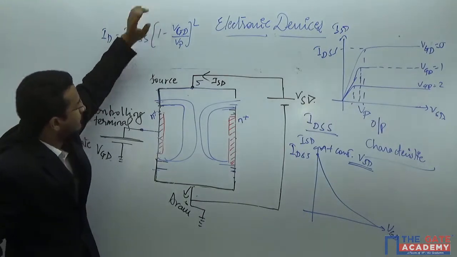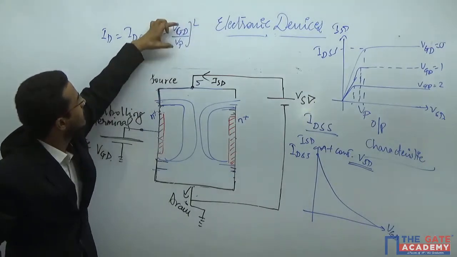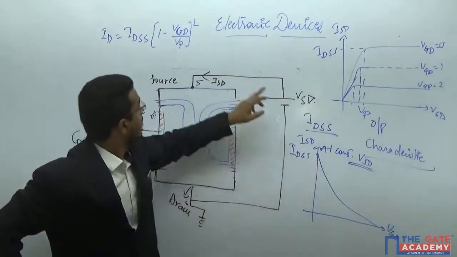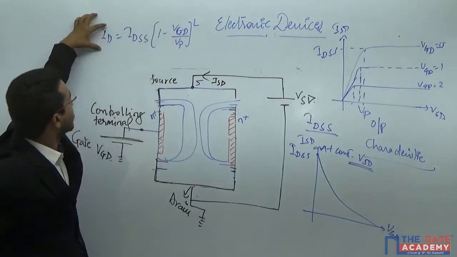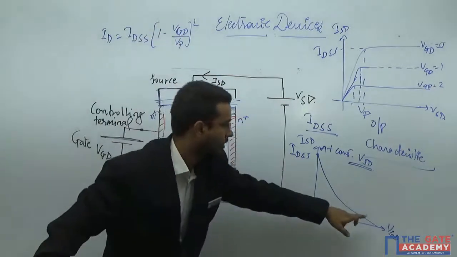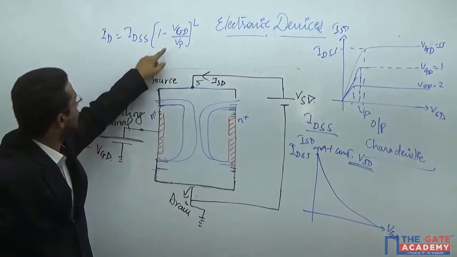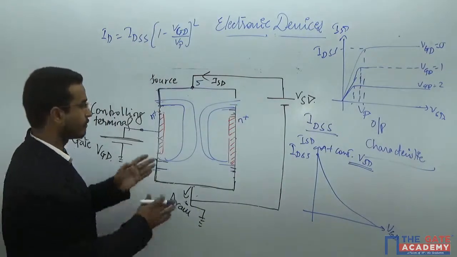If the VGS value is 0, this portion is 0 and the current will be IDSS, which is maximum. If the VGS value is VP, this value will become 0 and the current will become 0, and it is this. And it is parabolic in nature because the current and voltage relationship is a parabola. And it's all about the working principle of the JFET.